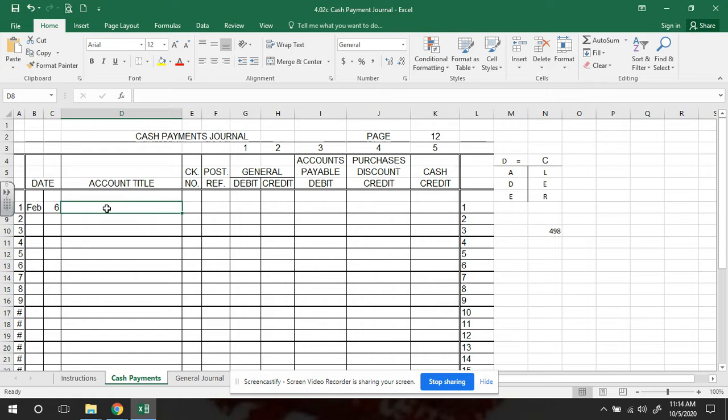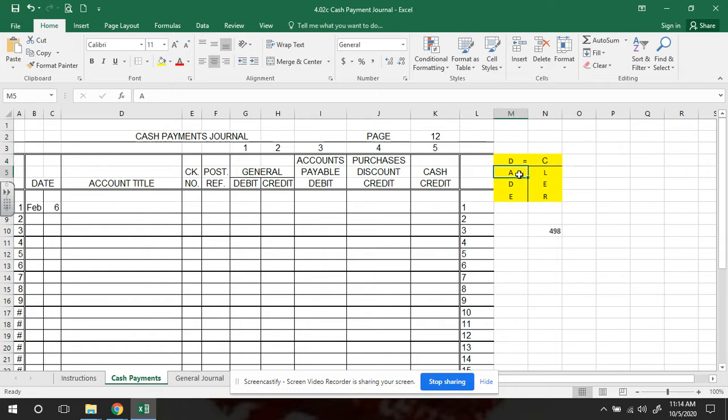I have here for reference my DC Adler, so I can remember that. My debits have to equal my credits. Always, always, always. And if it doesn't, then there's a problem.